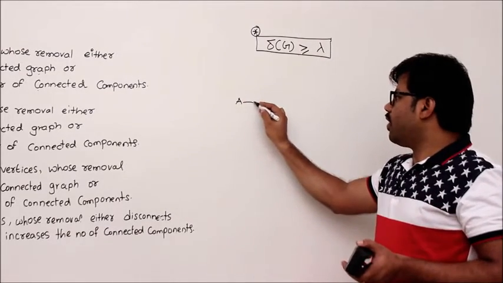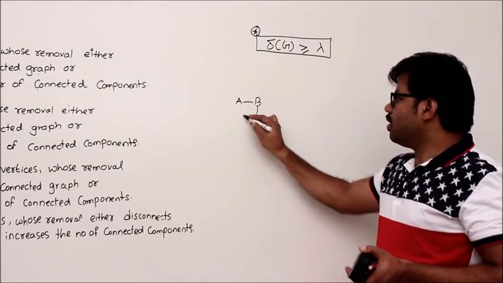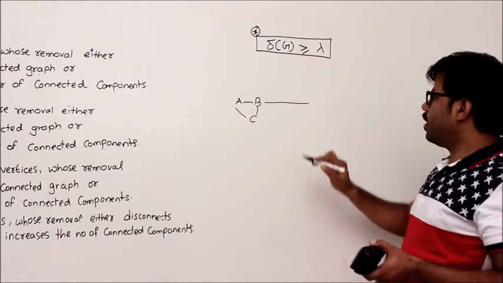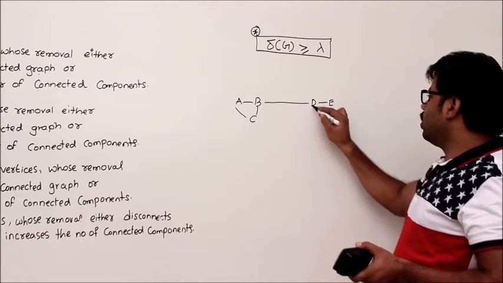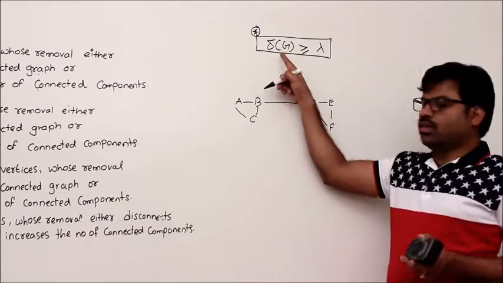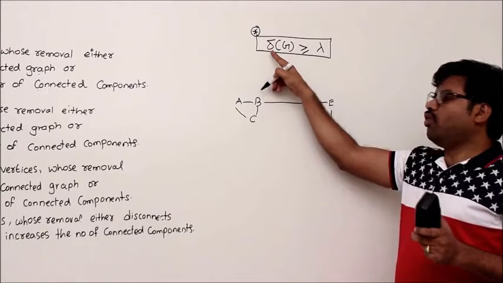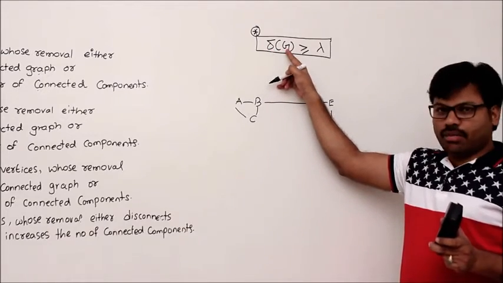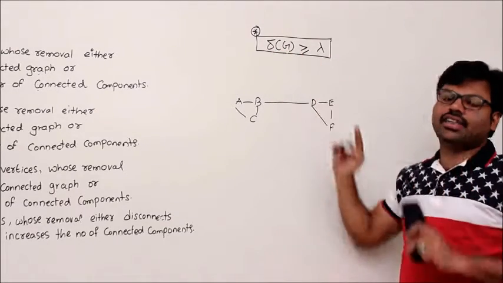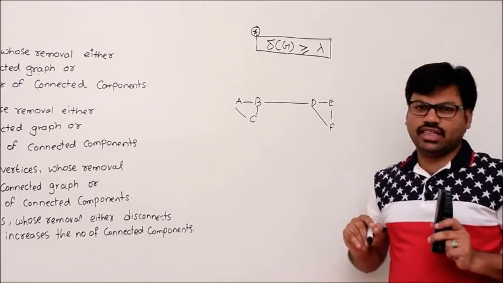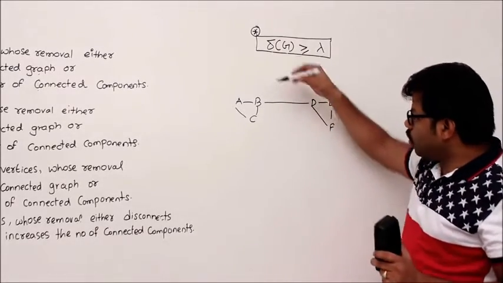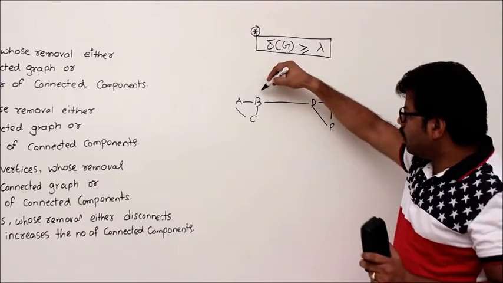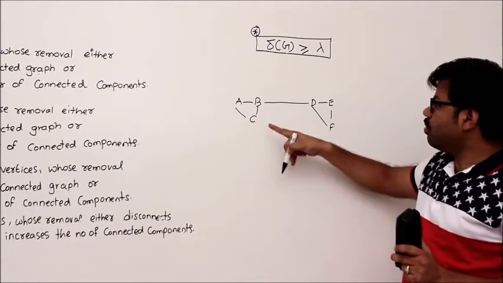For example, you have a graph like this, A, B, C. Let's connect it with a single line like this, then D, E, F. It is sufficient to remove delta of g number of edges to disconnect the graph, but it is not necessary. In this graph, let me add one more edge here. So what is the minimum degree of this graph?